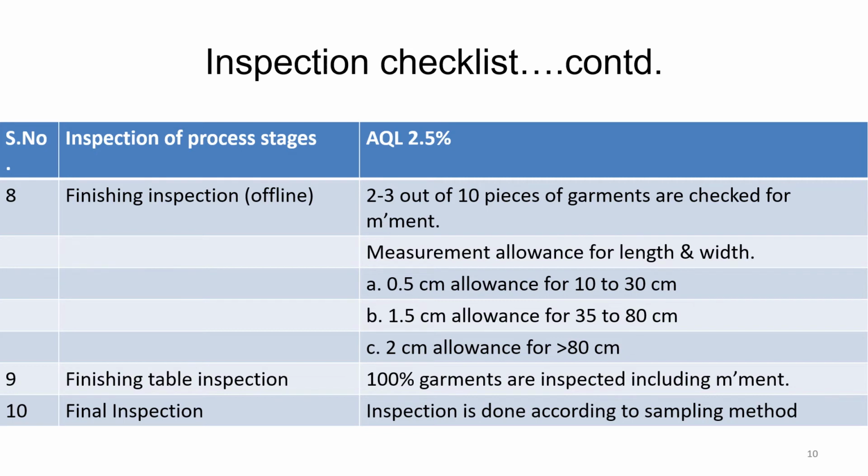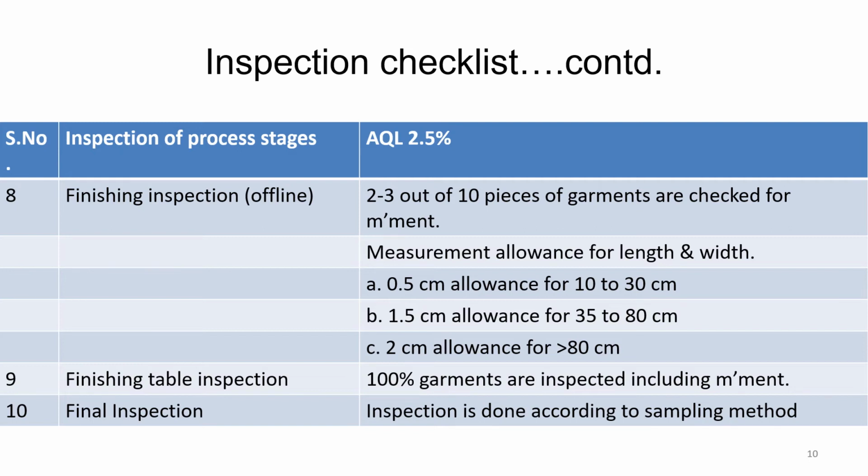For very long dresses, let's say the total length of the dress is more than 80 centimeters, when this measurement is being done, the allowance is 2 centimeters. Meaning, let's say the measurement chart says 85 centimeters, then anywhere between 83 centimeters to 87 centimeters, the measurement will be accepted.